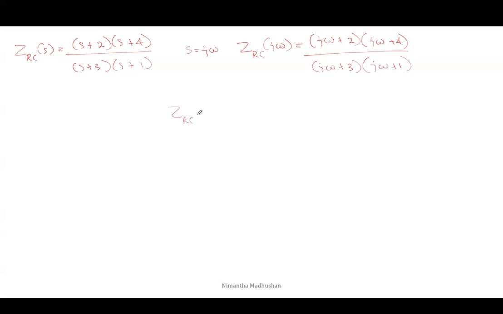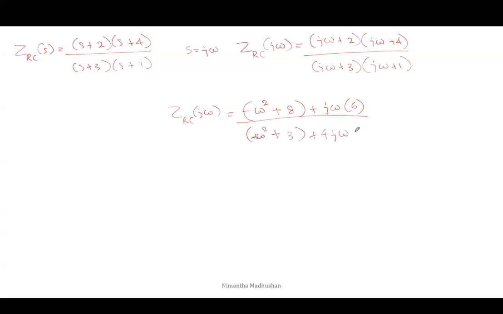From this, we can obtain the numerator minus omega squared plus 8 plus j omega times (4 plus 2, which is 6), and the denominator minus omega squared plus 3 plus (3 plus 1) which is 4j omega.